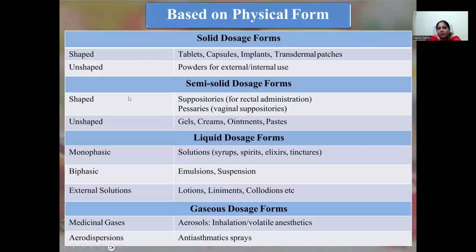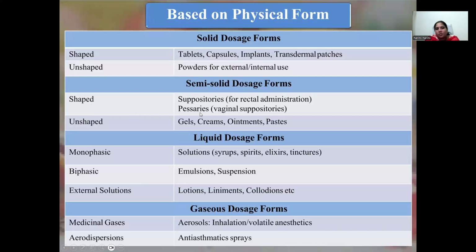Semi-solid. In semi-solids, suppositories are unit dosage forms again. Again, in the semi-solids, you will have shaped and unshaped. The suppository will be in the form of a jelly and will be cut into desired shapes, mainly cylindrical shape. They will be like jellies, and this will be inserted into the rectum or vagina.